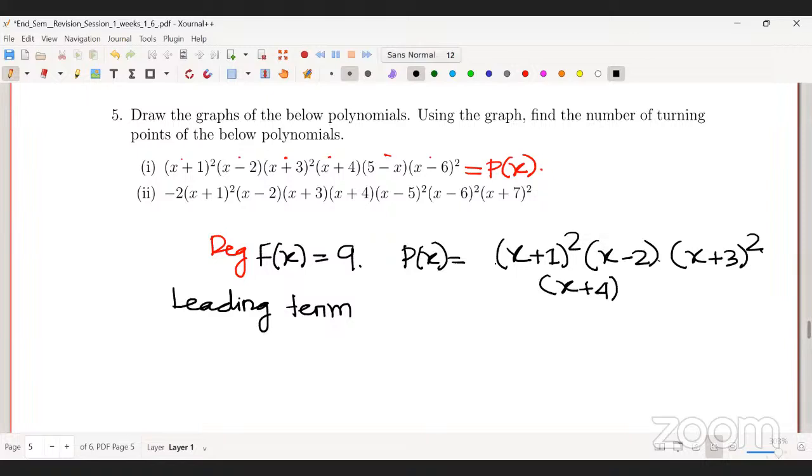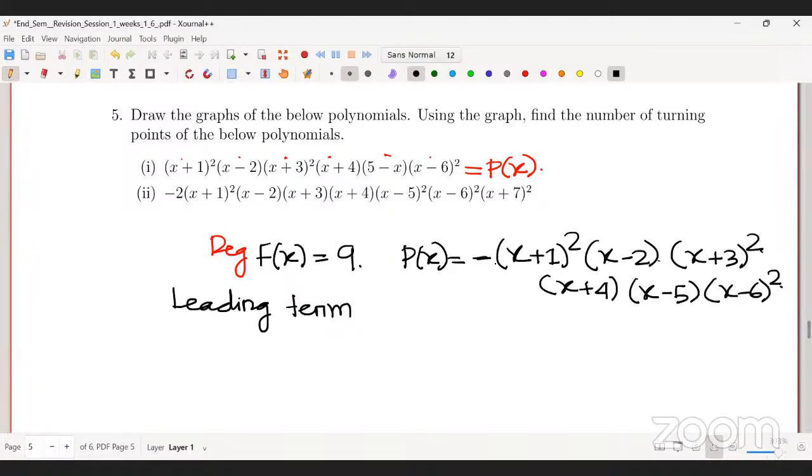Instead of this 5 minus x, I'll write x minus 5, and I will have a minus sign in the beginning. Then x minus 6 whole square, right?